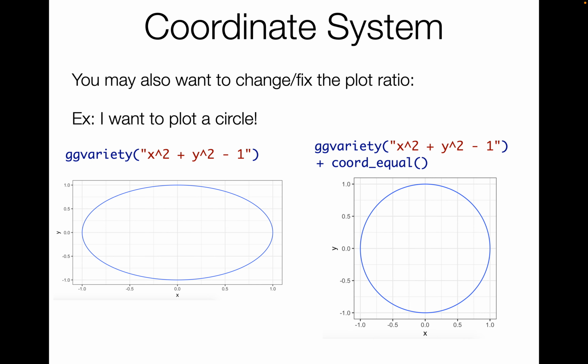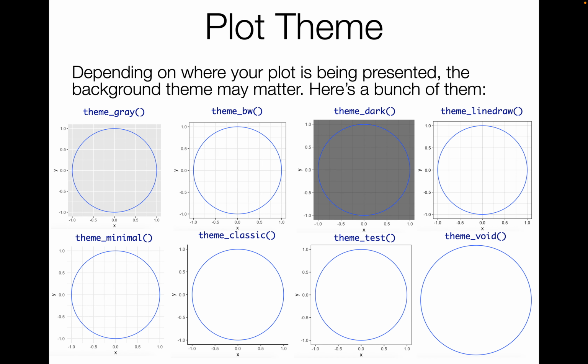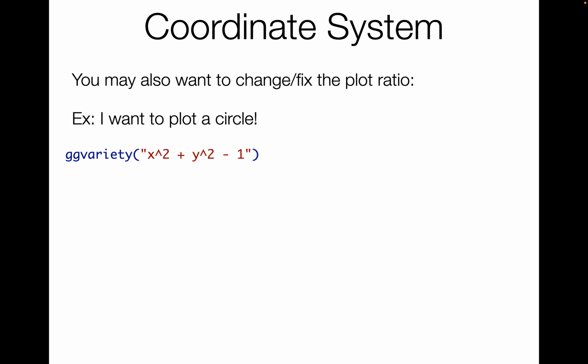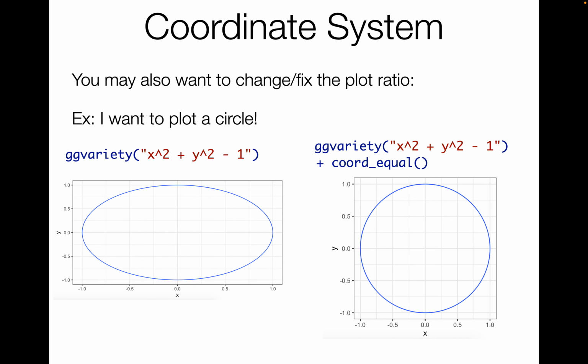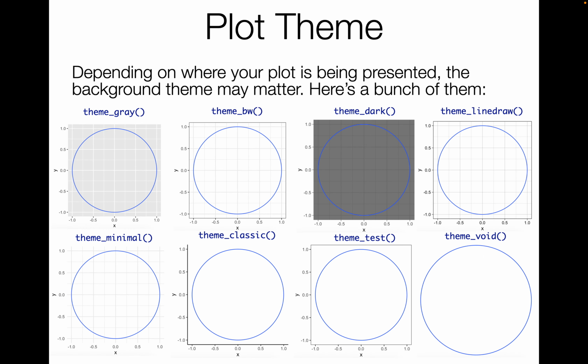I have some other options of coordinate systems, not changing the whole system, but maybe changing the ratio of the plot. Okay. This is a special function here called ggvariety that doesn't exist in ggplot, so don't try to use it, but just marvel at it. Okay. Lastly is a theme.